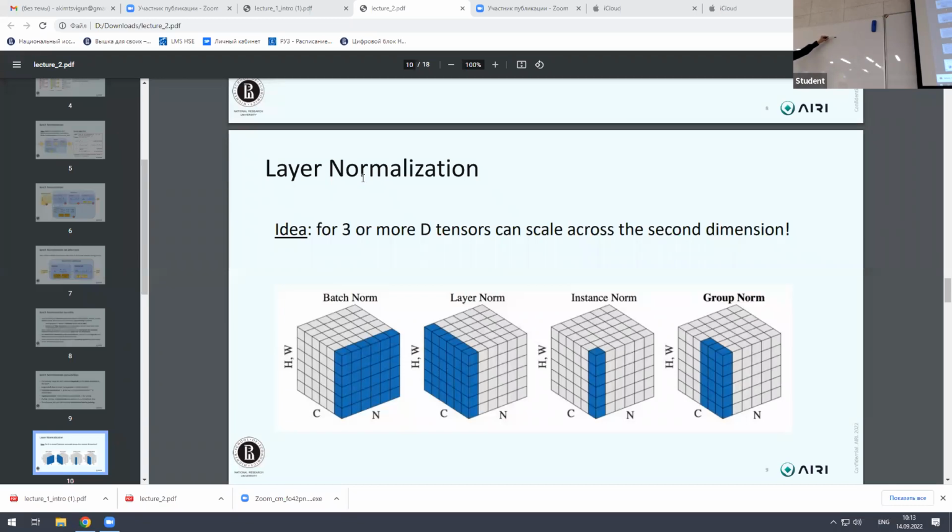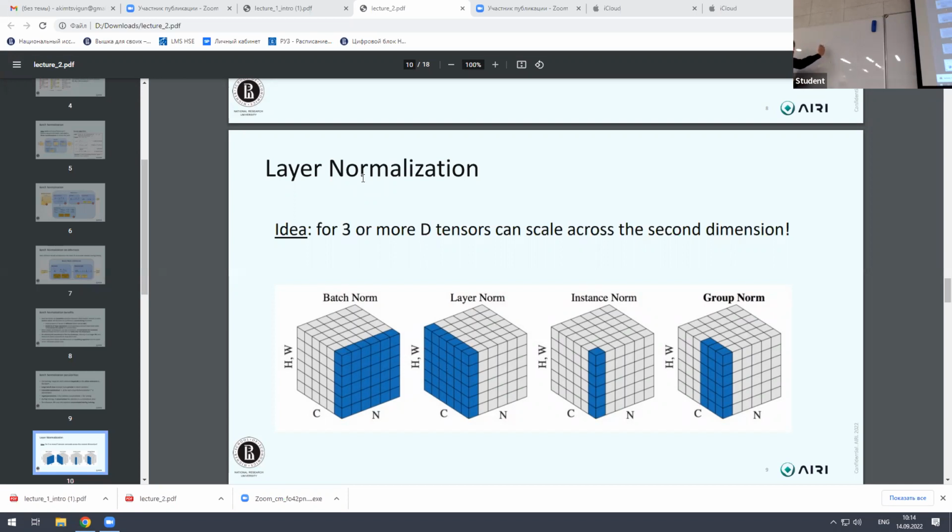So word 1, word 2, etc. And what we do for each element in the batch independently is calculate again the mean statistics for each feature and do absolutely the same operation. We first scale and then we rescale back using some learnable parameters.